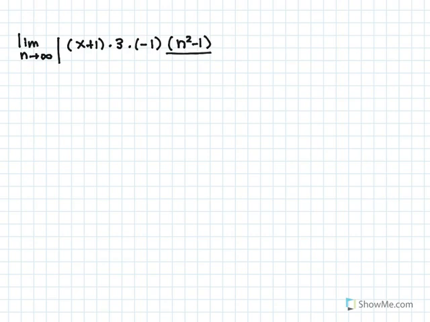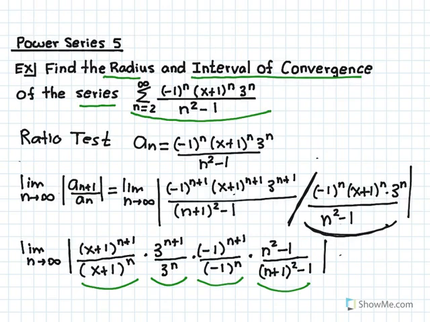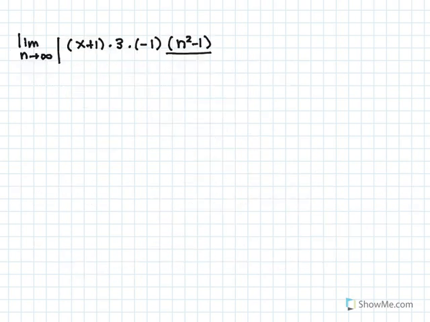And in the denominator, going back to the last page, you can see that here we get n plus 1 squared minus 1. So if we open it up, we get n squared plus 2n plus 1 minus 1. And 1 minus 1 cancels out. We just get n squared plus 2n in the denominator.